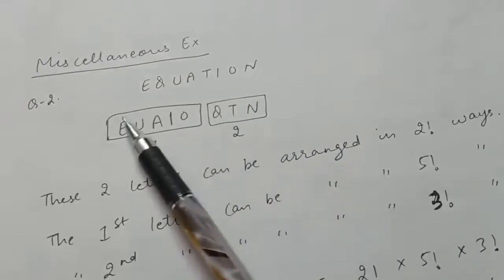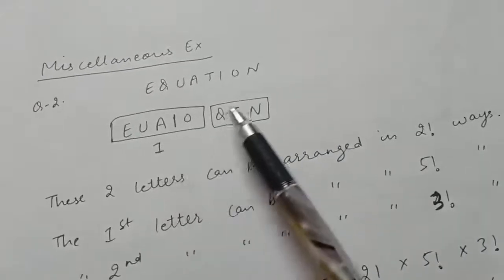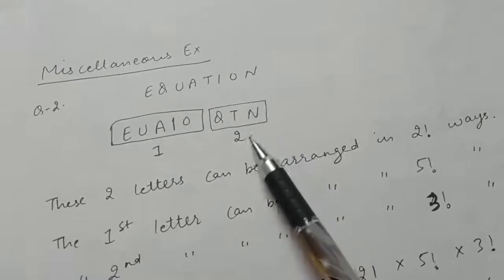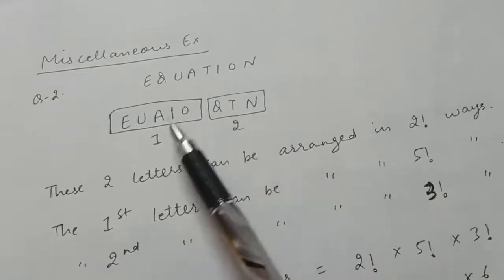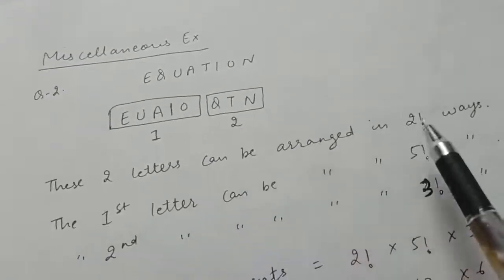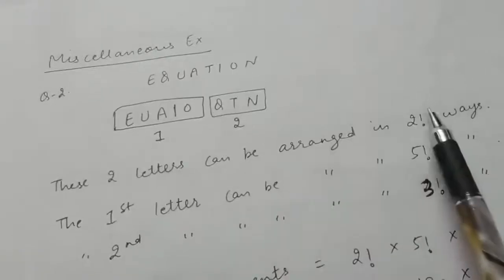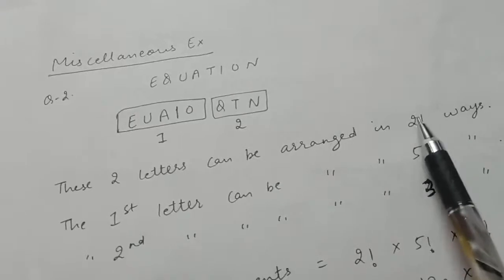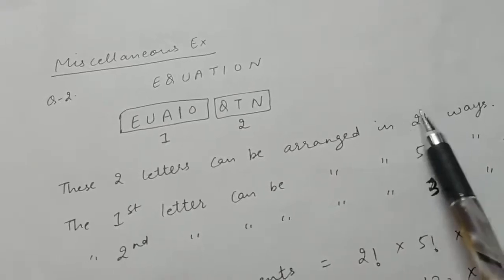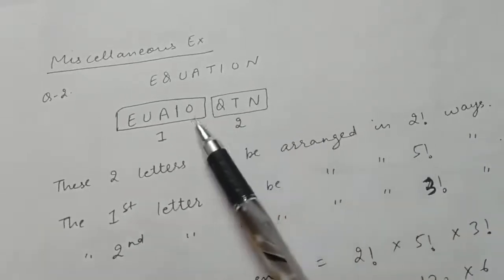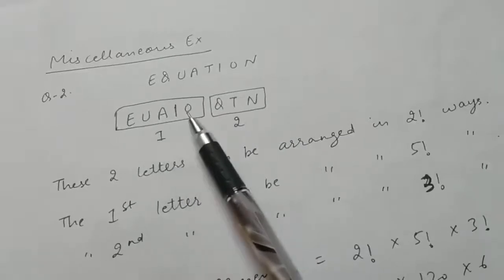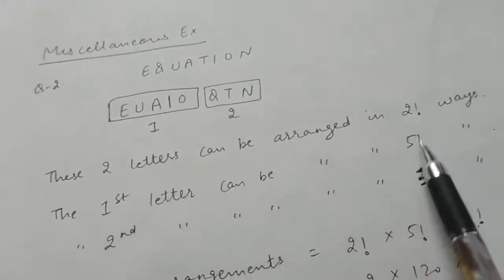So let the vowels be one letter and the consonants the second letter. Now these two letters can be arranged in 2 factorial ways, right? Now see, for these 2 factorial permutations, the first letter, which consists of 5 letters, can be arranged in 5 factorial ways.